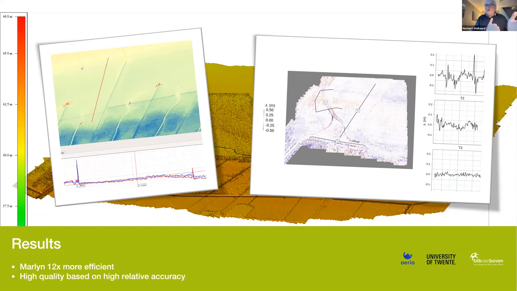Well, that's what we are measuring with our Marlyn and our Phantom in the past. And on the left, you can see an image with a red line and a blue line in it. And there you see 2 spikes in it. And these spikes are where we have poles in the field outside. So these spikes are just showing where we're passing over the poles.